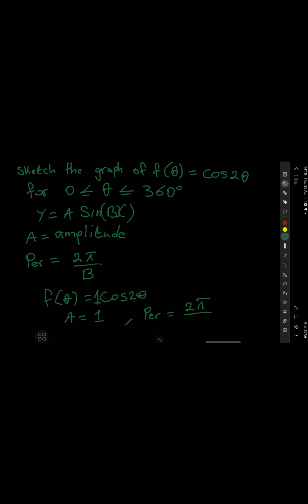Our b in this case is 2, so 2 pi over 2, the 2s cancel, then we'll have pi. If you look at the limits that we have, 0 less than or equal to theta less than or equal to 360, our pi is 180 degrees. So that's our period. Now that we have the amplitude and the period, we can sketch our graph.